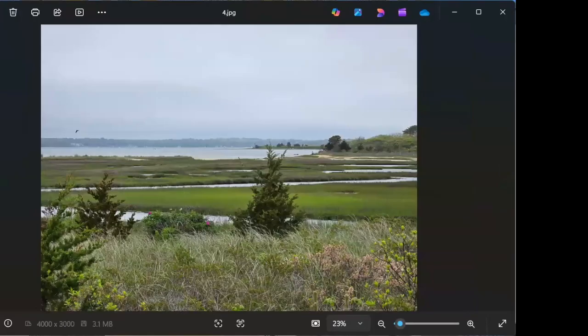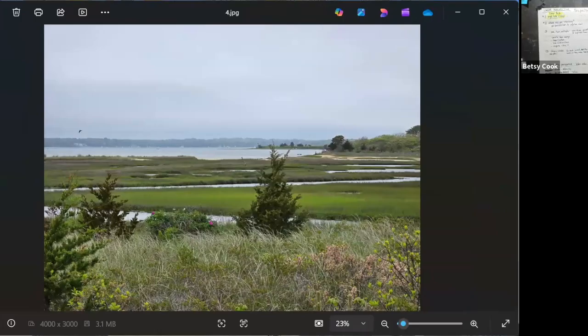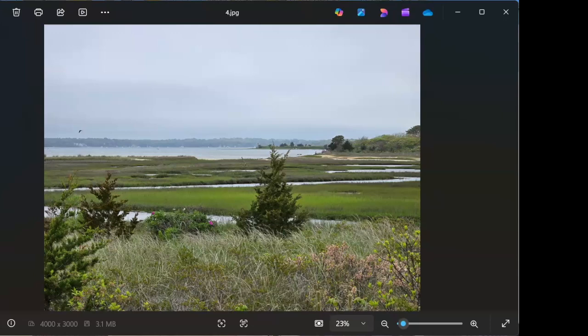Betsy, just out of curiosity, where was that taken? The original photograph probably has a name on it. I am not sure. I think, does that feel like Fort Hill? Is that Fort Hill? I don't go up there a lot, but I suppose it could be Fort Hill.